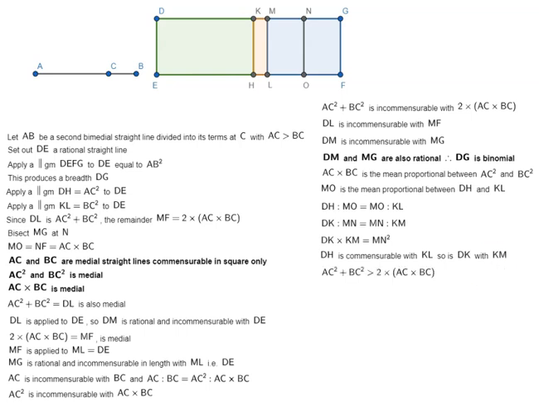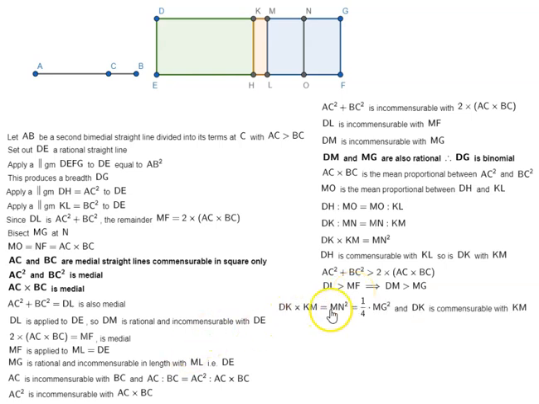Now, based on the lemma, we can say AC square plus BC square is greater than 2 times AC by BC. AC square plus BC square is DL. 2 times AC by BC is MF. So DL is greater than MF, which implies that DM, which is the base of DL, is greater than MG, which is the base of MF.